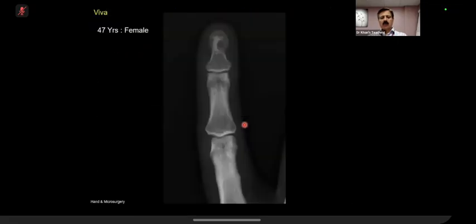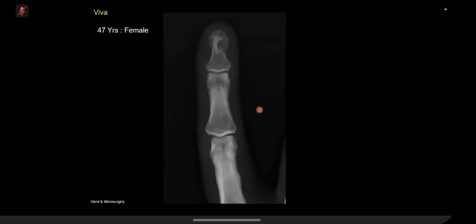So, okay, this is your last case. It's a 47-year-old female, DP view of a digit of the hand, which is demonstrating an eccentric lucent lesion in the distal phalanx without any soft tissue component or periosteal reaction. It has got a narrow zone of transition.